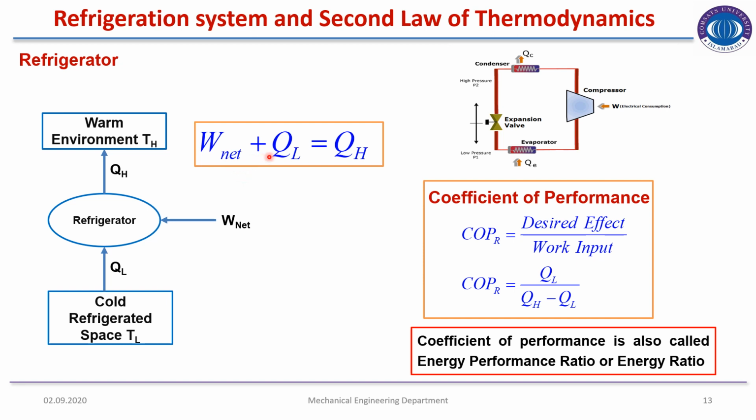As the direction of the arrow is opposite to that of the heat engine, W net plus QL is equal to QH. As we discussed the thermal efficiency for a heat engine, the efficiency of a refrigerator and heat pump is expressed as the coefficient of performance.